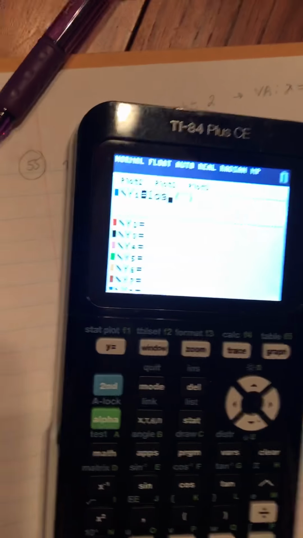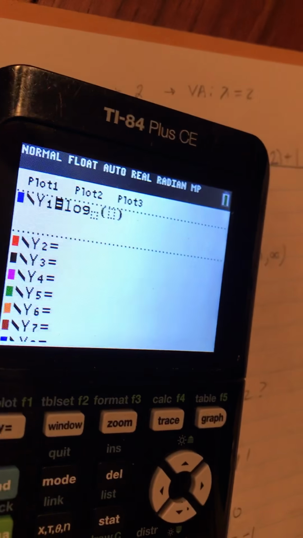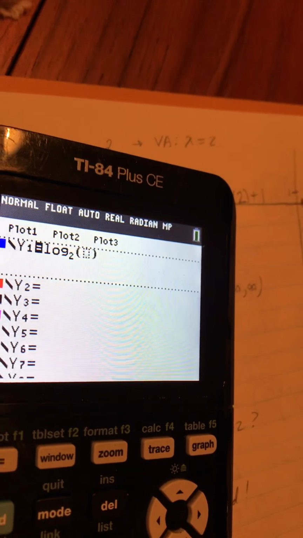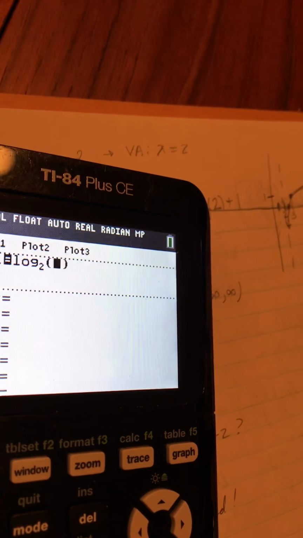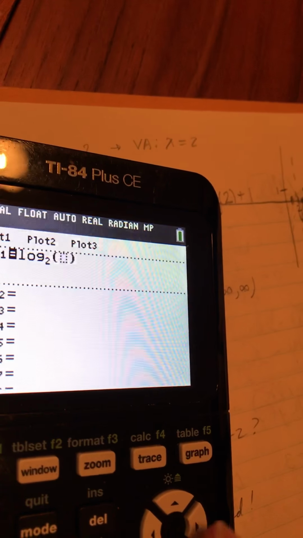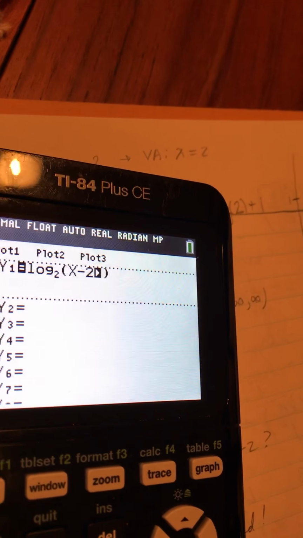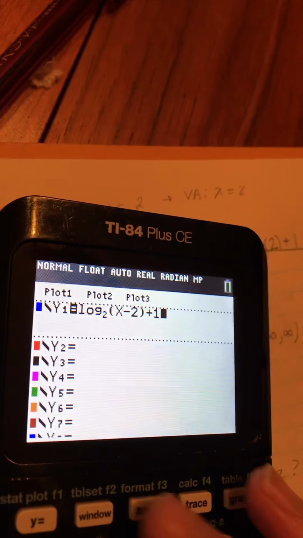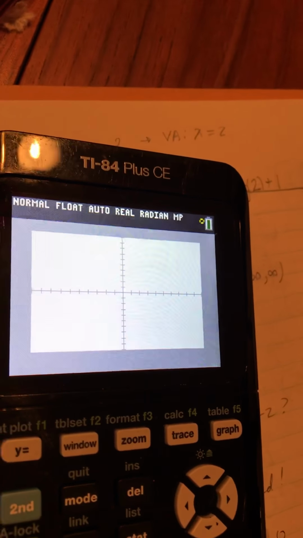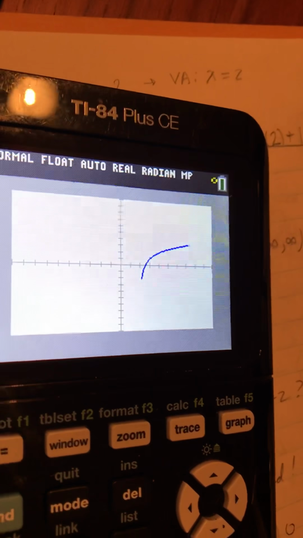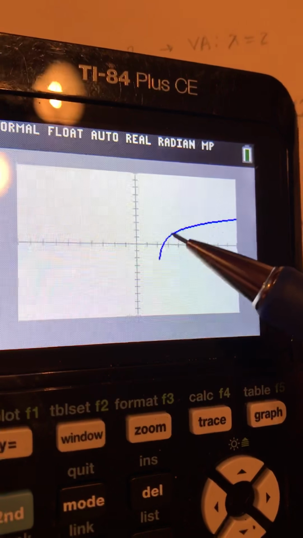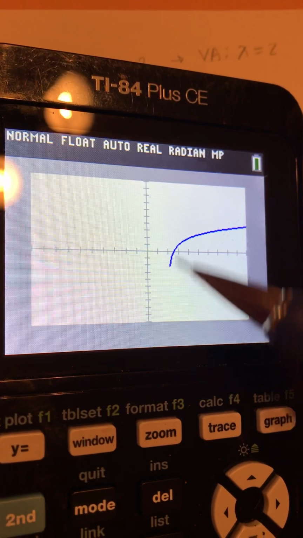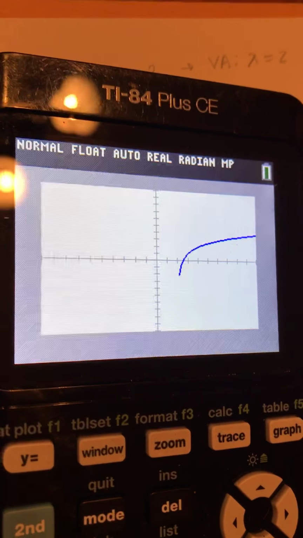So that actually pulls up something that looks like where you can put in log base 2 of x minus 2, which is kind of cool. And then plus 1, and then zoom standard. And you can see the same thing. Again, it still doesn't draw it quite right because it does continue on down along its vertical asymptote.